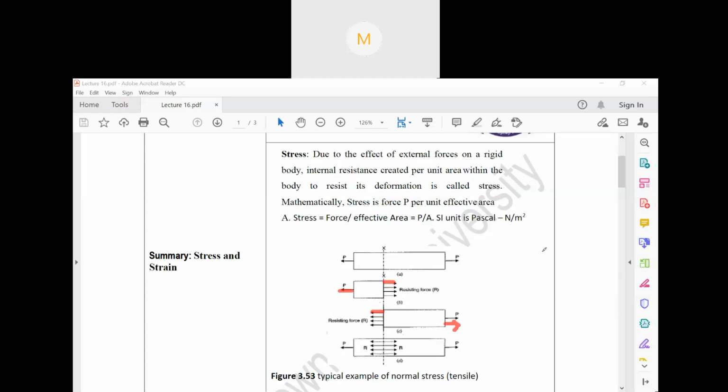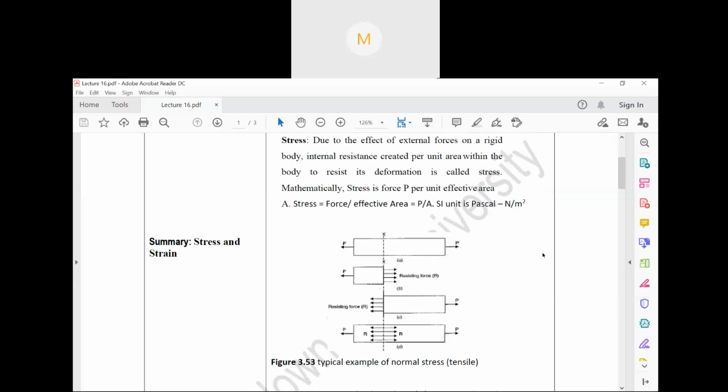Now when you combine these, this will look like the last figure. There is one resisting force here, the other resisting force here. This is the basic principle of how stress will act. Now this force is tensile. Why tensile? Because it is being pulled.